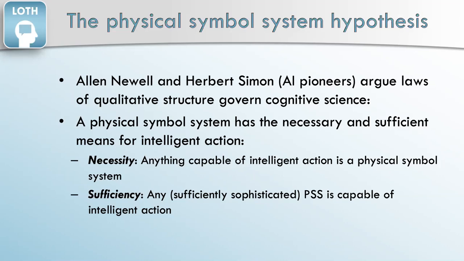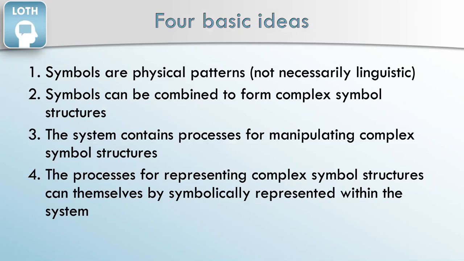Anything that is intelligent is a physical symbol system, and any physical symbol system is capable of intelligent action. So it's a pretty strong claim. And I'll try to describe what they're saying.